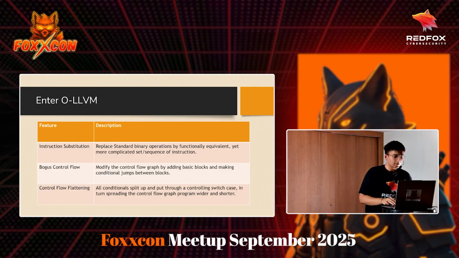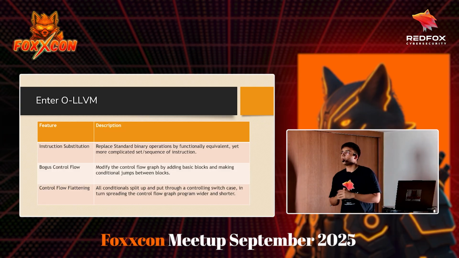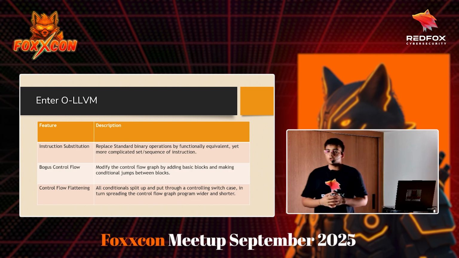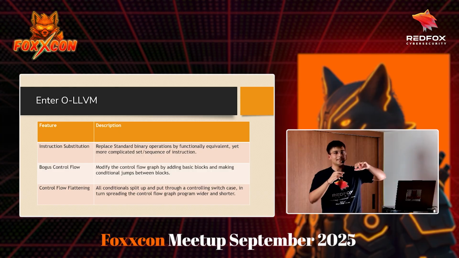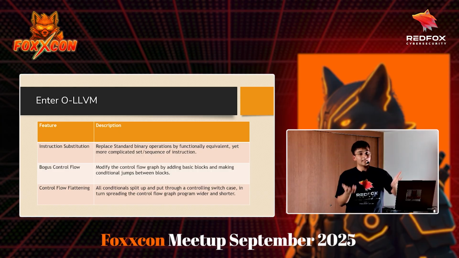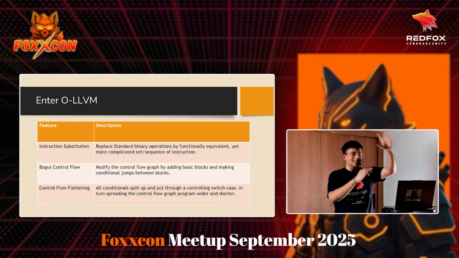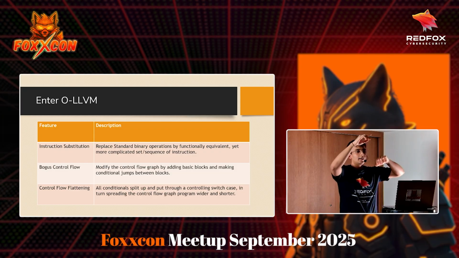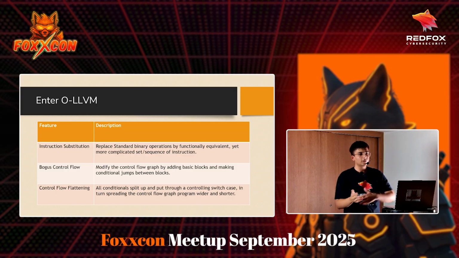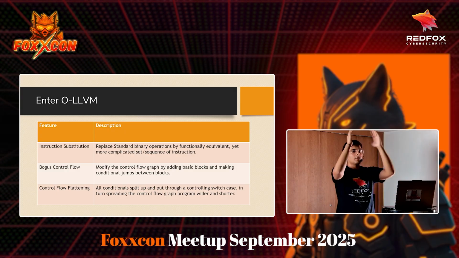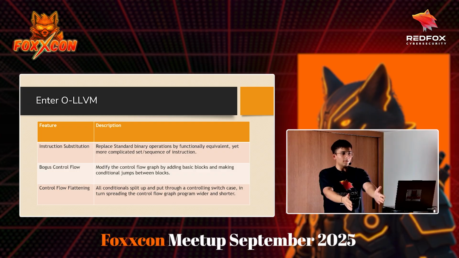Then there is something called bogus control flow. If you have ever decompiled a binary, you would know that there's a control flow graph, right? And from the time when you learned about compilers, there are basic blocks, right? Essentially, if you've written very simple non-branching code with no conditionals and all of that, it would be in a straight linear format, right?